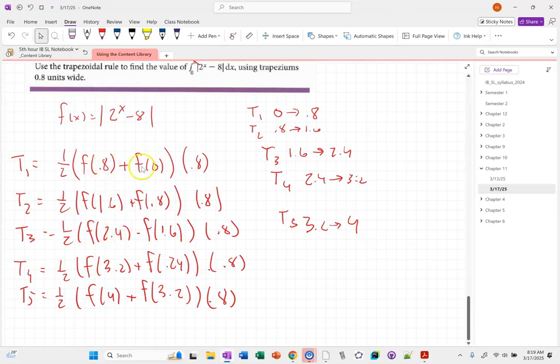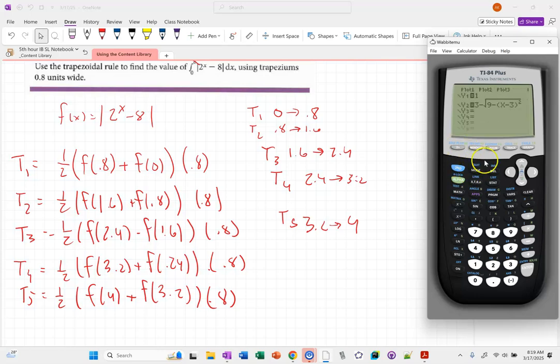Now I can compute each of these values separately in my calculator, but I don't want to do that. I'm just going to type this f of x into y1, and then use y1 of the value, so I don't have to do all the computations, write them down, and recopy them into my calculator, which is kind of annoying.